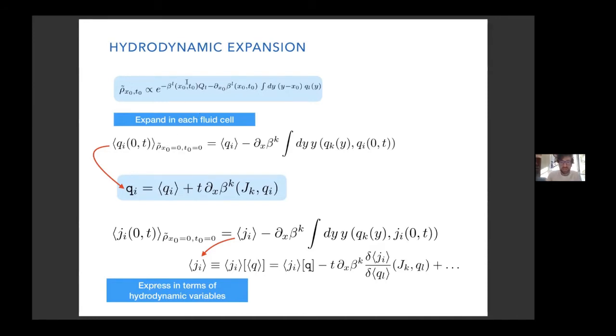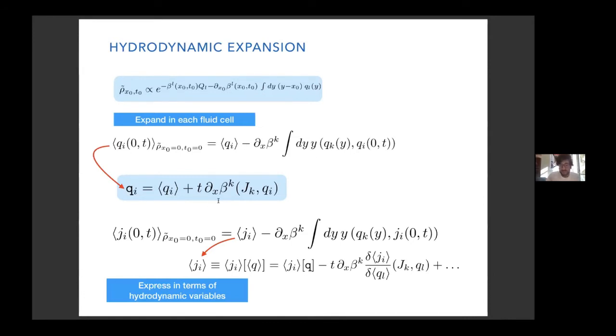On such a state, we can just do a perturbative expansion of such expectation value. So we have the first term, which is just, if you want, the stationary state, and the second term, due to the fact that we have some slope in the system. Notice that now we are truncating just to the first term, but in principle, we could go to higher terms. This is all we need to do if we want to compute hydrodynamics up to second order.